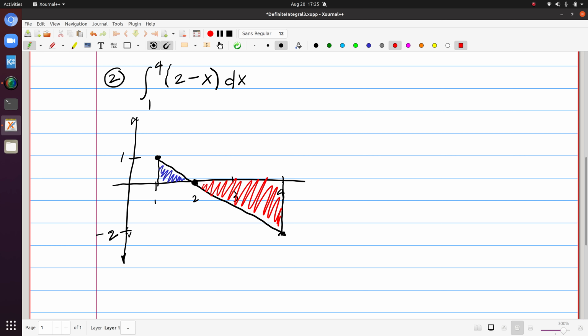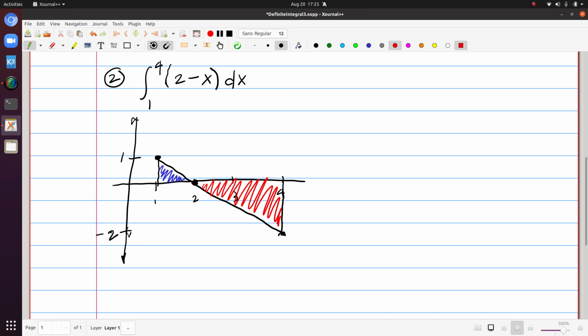Whenever we talk about area in context, we think positively. The distinction here is that when we're talking about definite integrals, all of a sudden it's possible to have negative area. In particular, we would treat any area that lies beneath the x-axis as negative. That's because if you think about our definition, the height of our rectangles would be negative. In this picture, the blue area is positive as it lies above the x-axis.